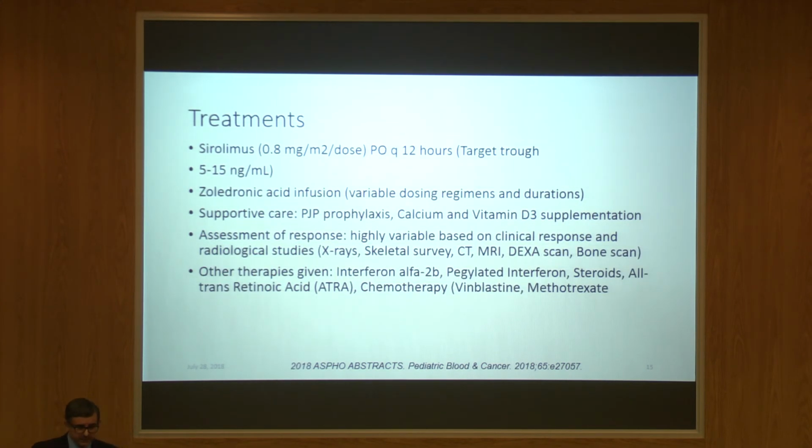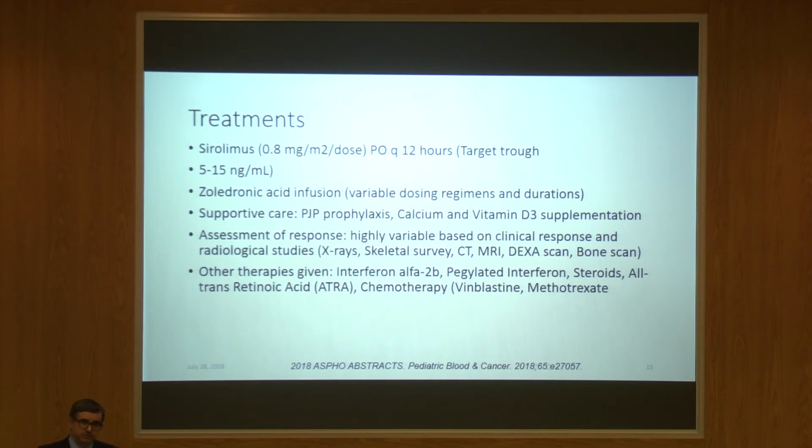In terms of treatment, what we found is that the sirolimus pretty much was standardized. It was similar to what Dr. Turner has described. It's the same protocol, which is the same dose and roughly the same targets. But the zoledronic acid, which is the bisphosphonate that was used in all 19 patients, we looked at the dosing regimens, and it was very variable.